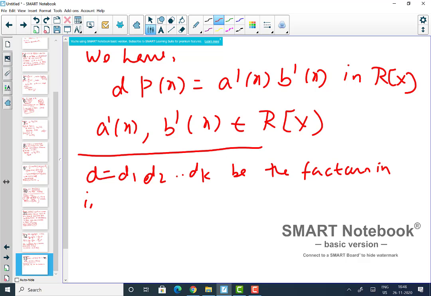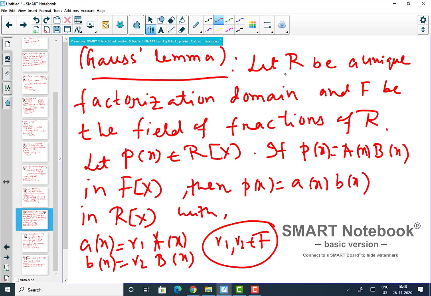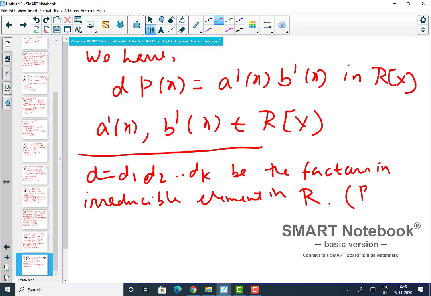So d1, d2, up to dk are irreducible elements in R, because R is a UFD. It is given that R is a UFD, so you can do these things. These di are irreducible factors, and we know that in a UFD irreducibles are also prime.